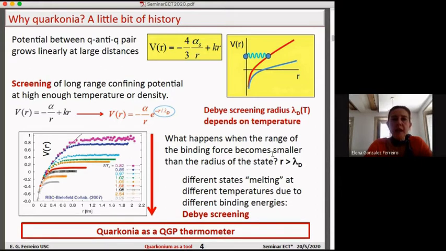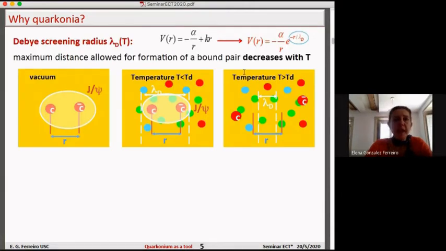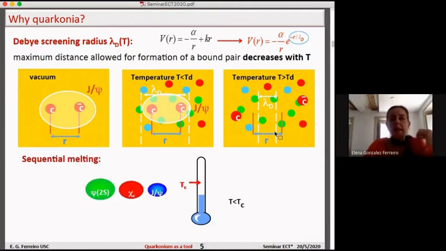That is, again, the same idea. If you have a radius of the state in vacuum, you will obtain a bound state, but if the temperature goes higher than some critical temperature, you will obtain a suppression of this bound state, in such a way that you can study a sequential melting where the excited states will be suppressed first.